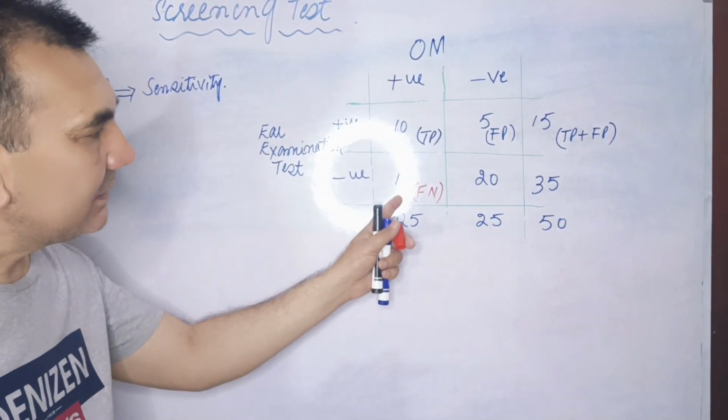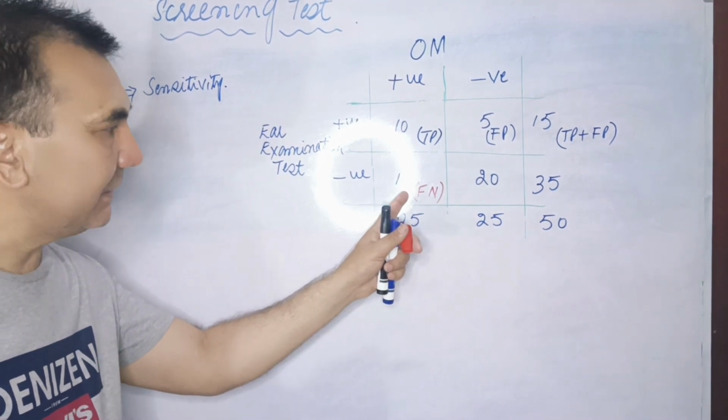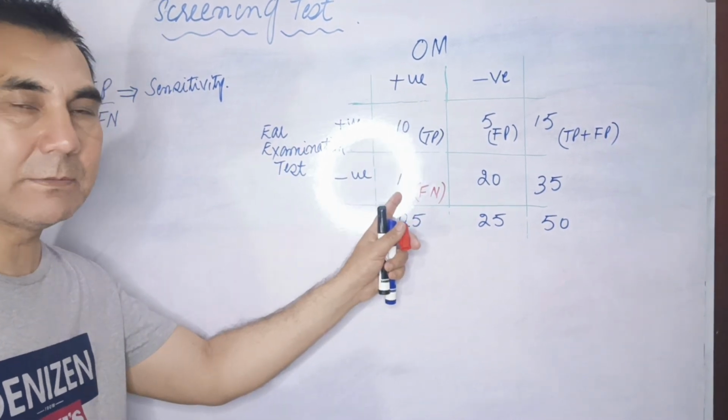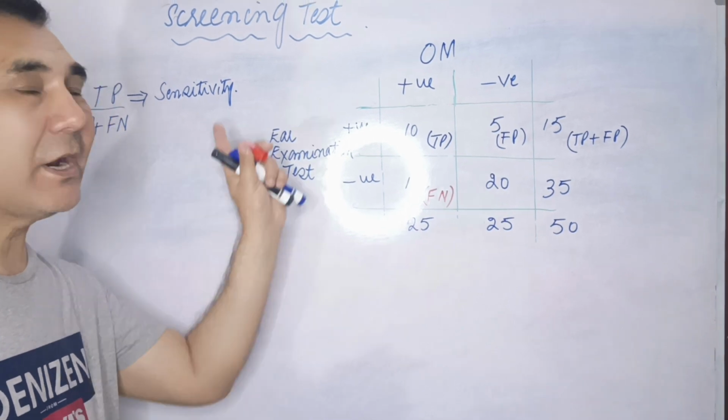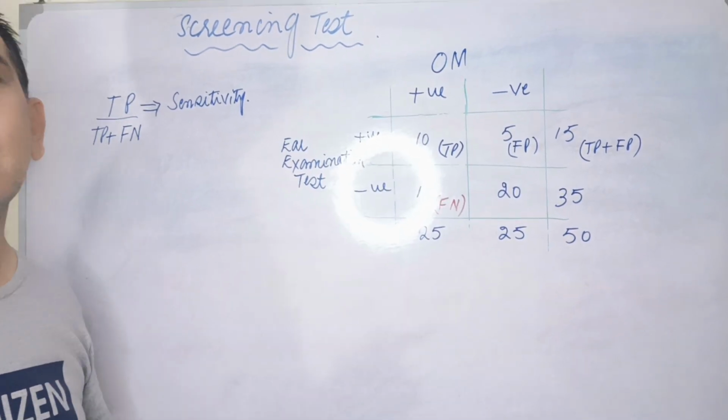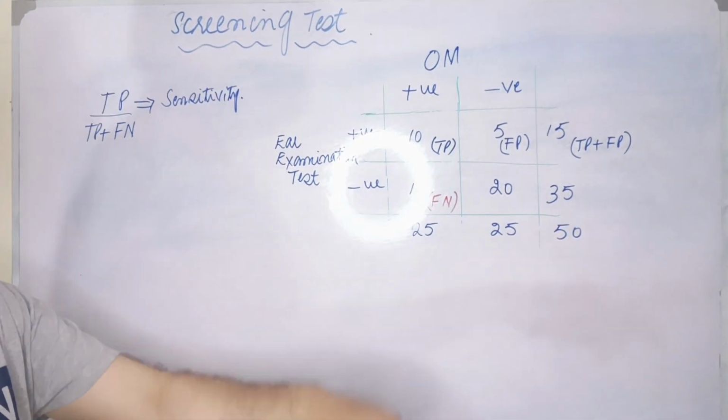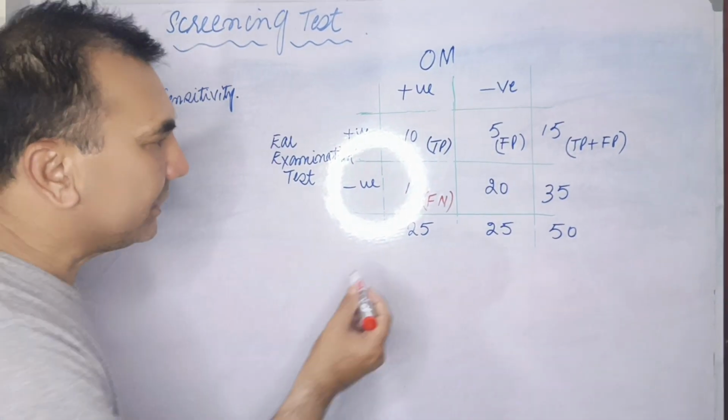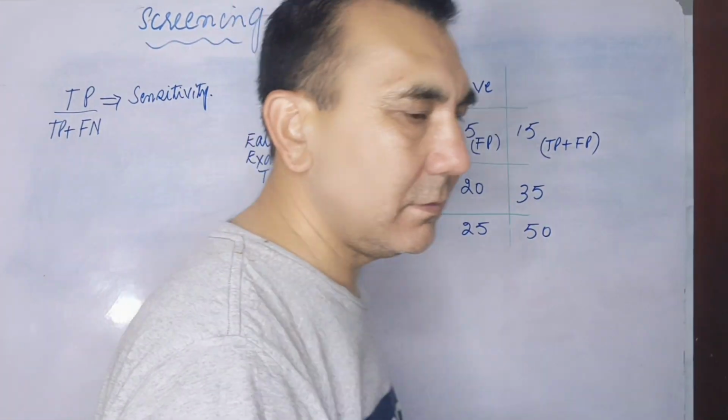So the sick pupil, with signs and symptoms present, is incorrectly identified as a healthy pupil by the screening test. So it is called the false negative.